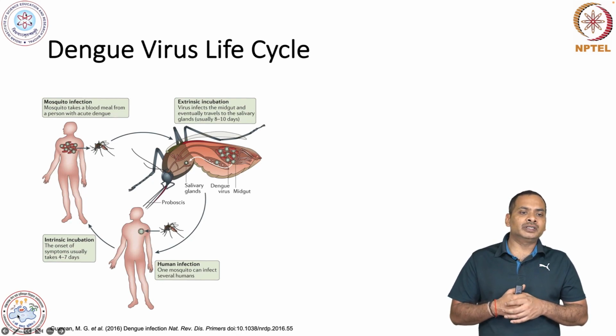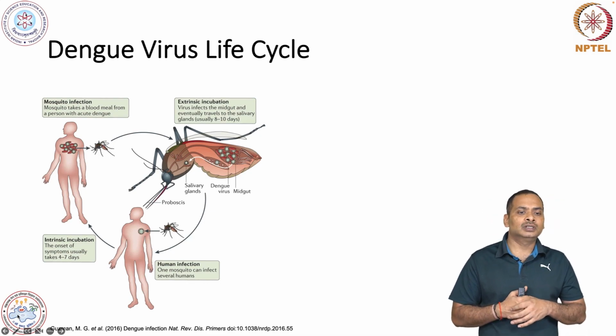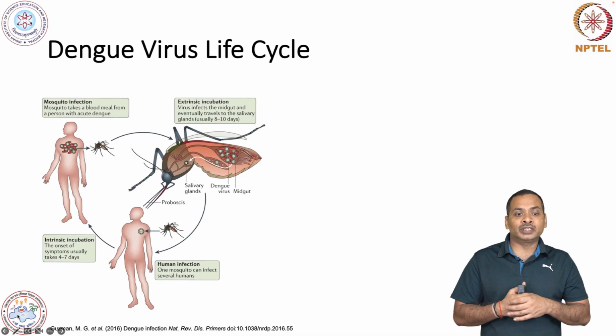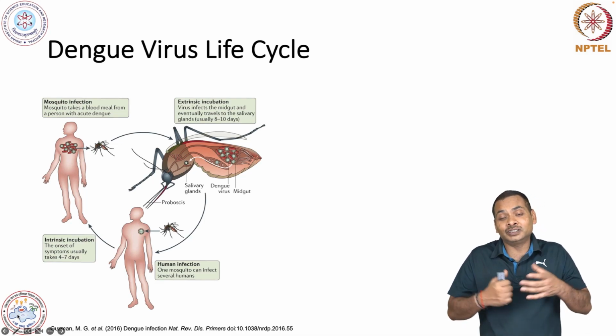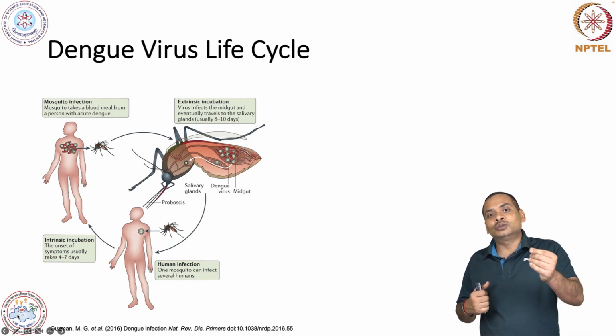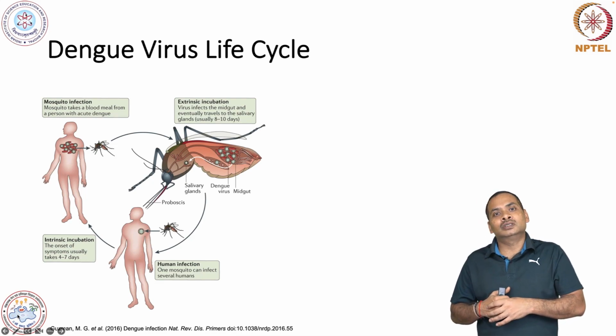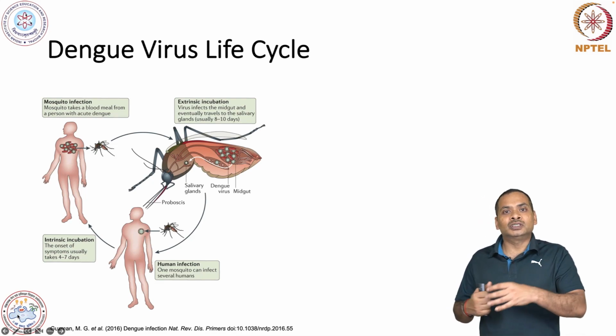Then when this mosquito bites another healthy individual, it can infect them. So, one mosquito can infect several humans. That is very interesting to know, right? It's not that one mosquito bite will exhaust that mosquito of the virus and subsequent infection.